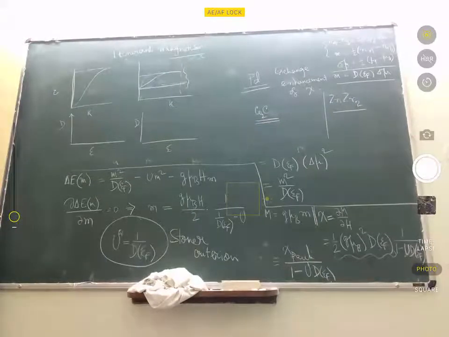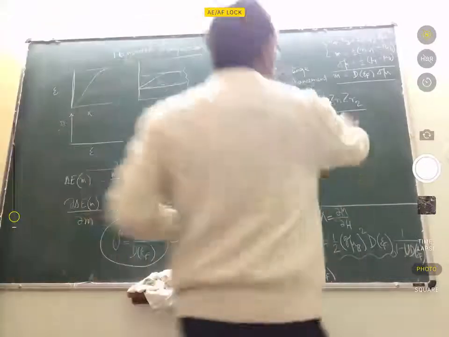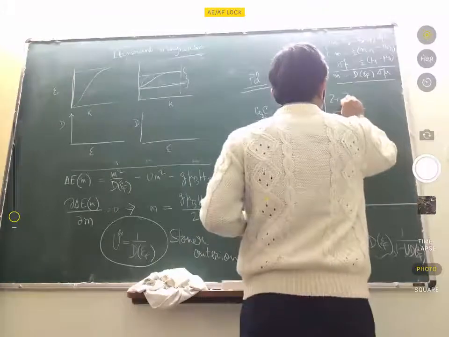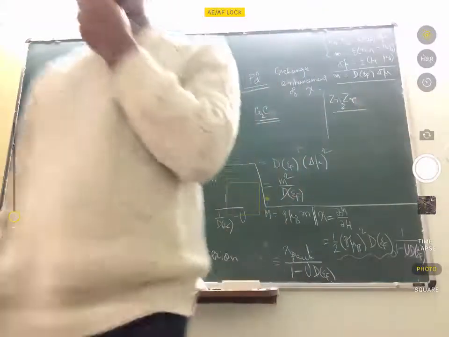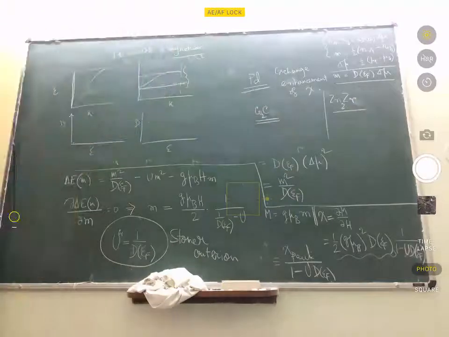Let's see, Zr Zn2, that's the alloy. But this is a ferromagnet. This is a ferromagnet because of, again, the large density of states near the Fermi energy. So the Stoner criterion makes it unstable to ferromagnetism.